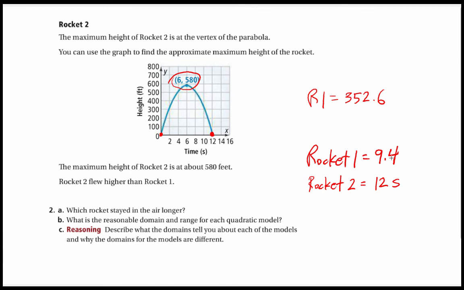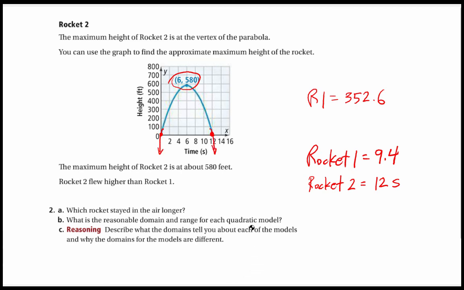Question B, what is the reasonable domain and range for each quadratic model? Okay, now remember, reasonable domain is taking into account the context of the problem. You know, our models, our graphs, really these parabolas, like in this graph up here, the graph continues on forever below the x-axis.